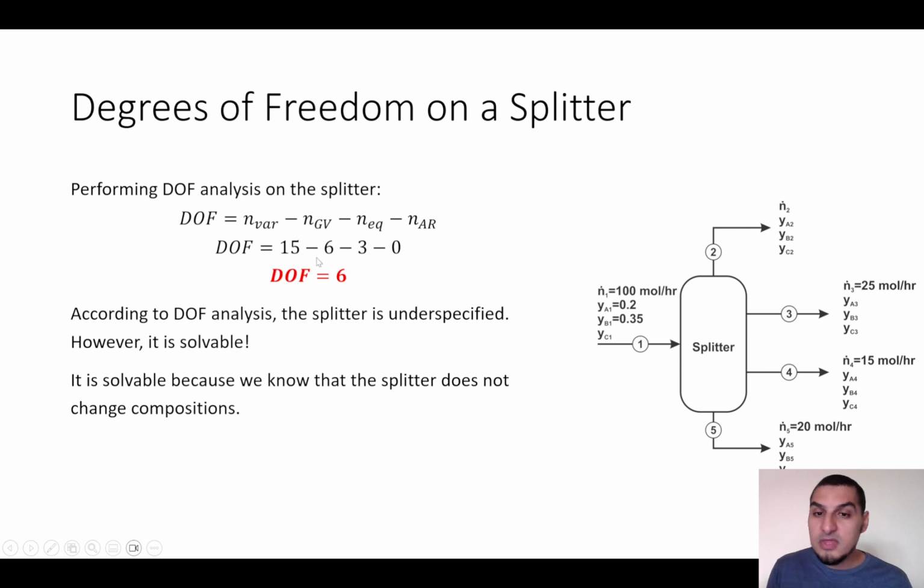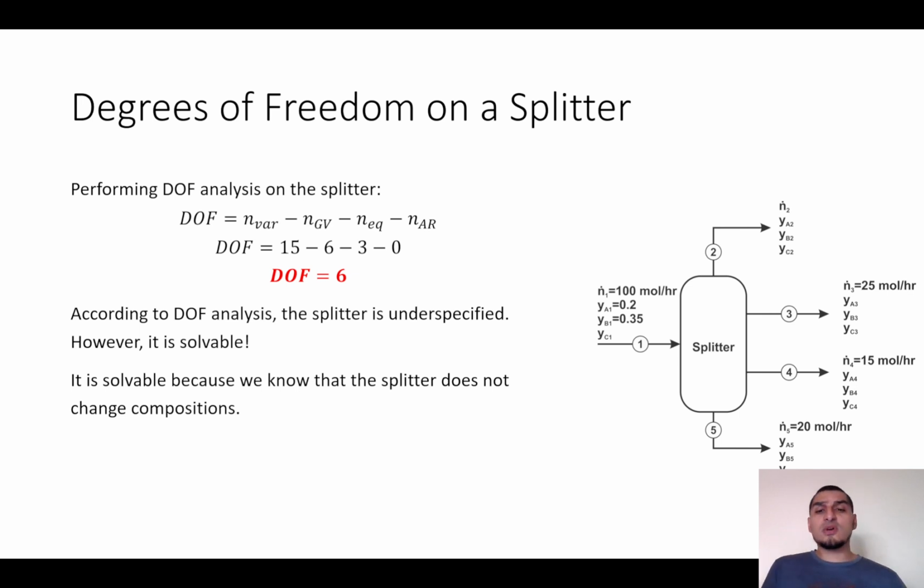There must be something here in one of these terms, especially the equations and additional relations, that will say that the compositions are equal in all the streams. And since this is not there, degrees of freedom is not recognizing this fact, so it's saying that we have an underspecified unit.